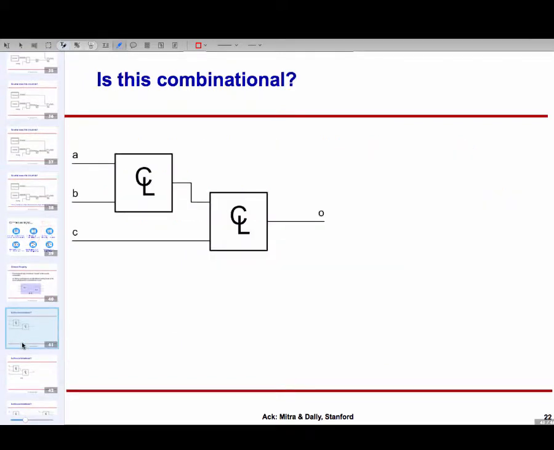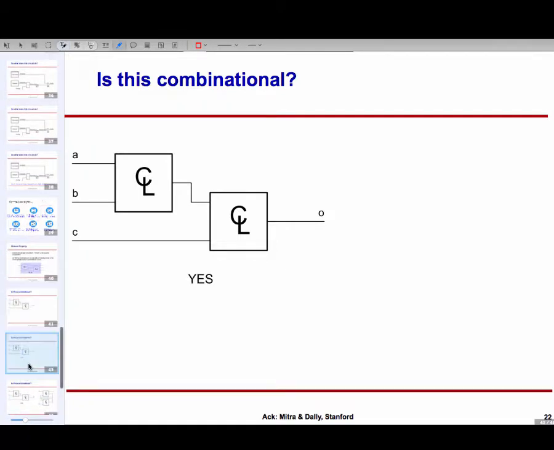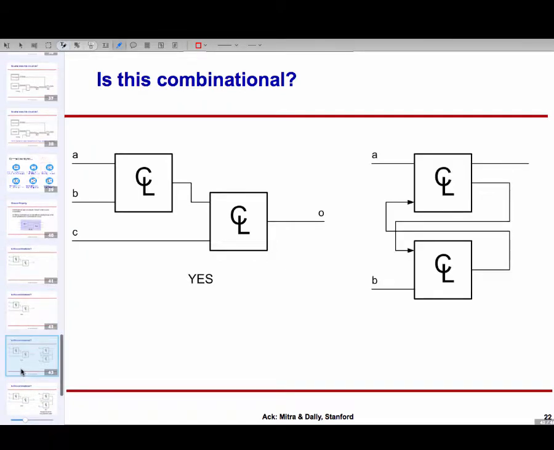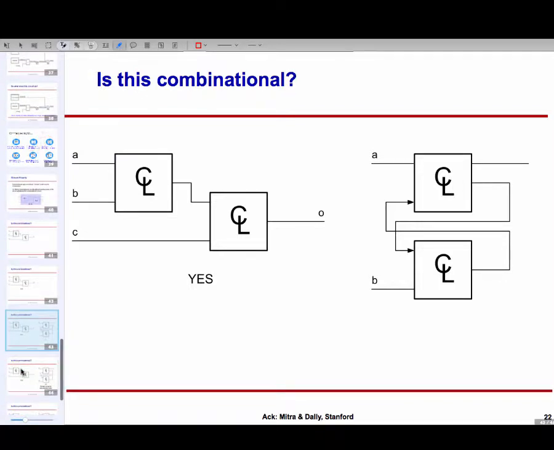So is this combinational? No loop, so combinational. Is this combinational? Well, it has loops in it. I can trace through this. So there are loops in it. Is it combinational based upon what I said?